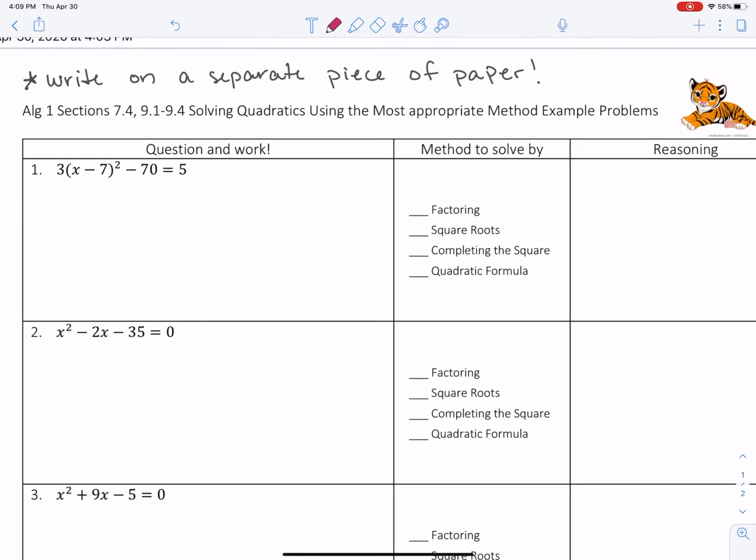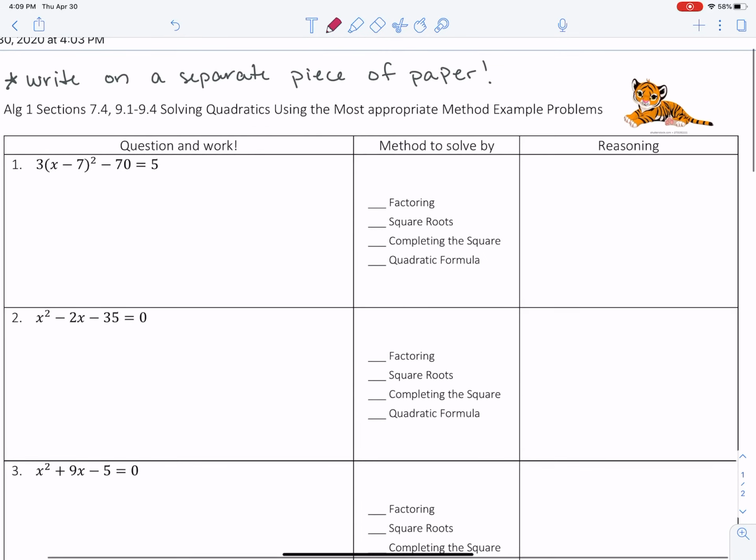So I'm going to zoom in just a little bit. There we go. Okay, how should we solve this first problem? There's something that I want to point out about it, and that is that we have this x minus 7 squared. That tells me right away I absolutely am able to solve this by square roots.